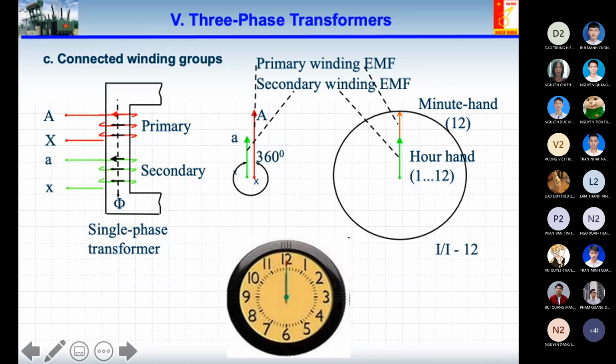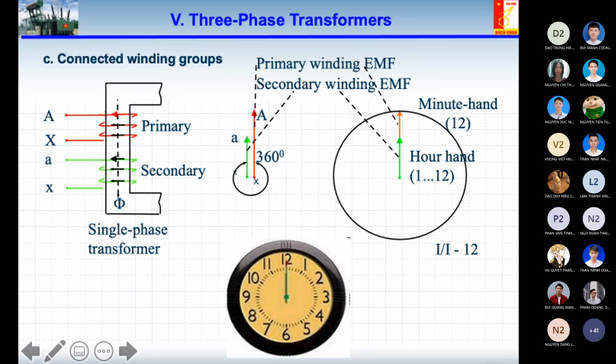If you look at this watch, for number 12 you can see we get 12 sections, 12 portions: 1, 2, 3, 4, 5, 6, 7, 8, 9, 10, 11, 12. For each section, the angle between number 12 and number 1 is 30 degrees.